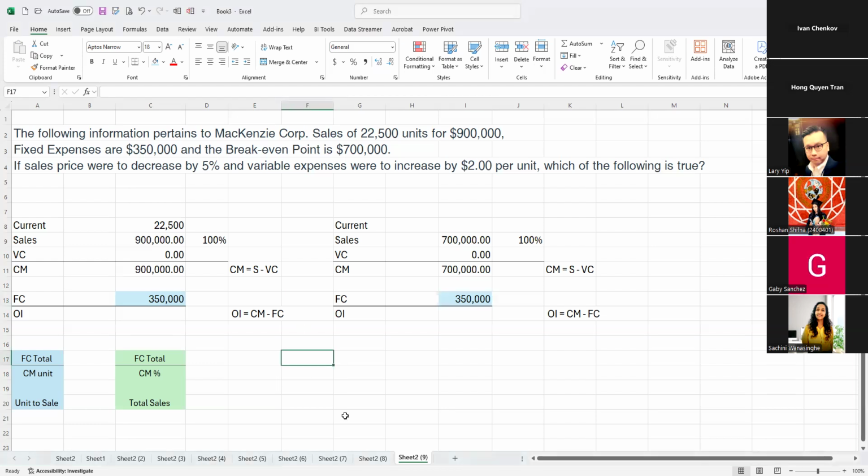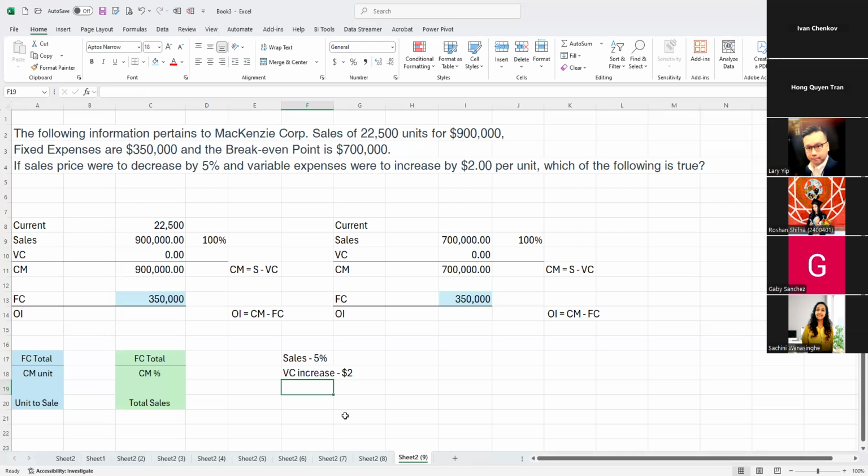So what we're chasing here is the sales price dropping by 5%, and the variable cost increased by $2. What's gonna happen?